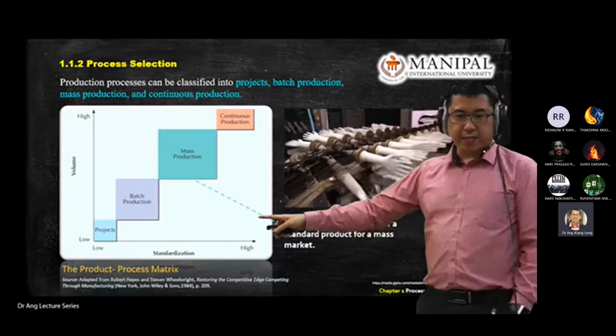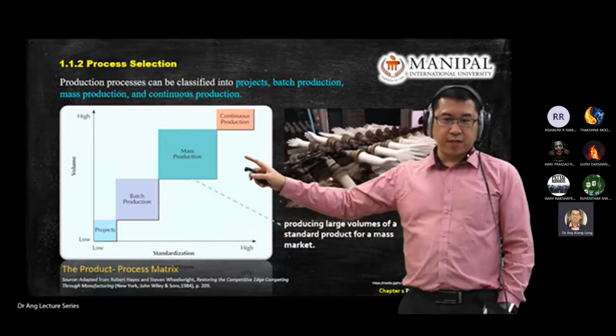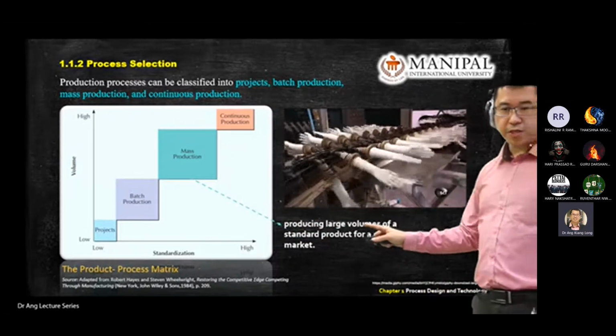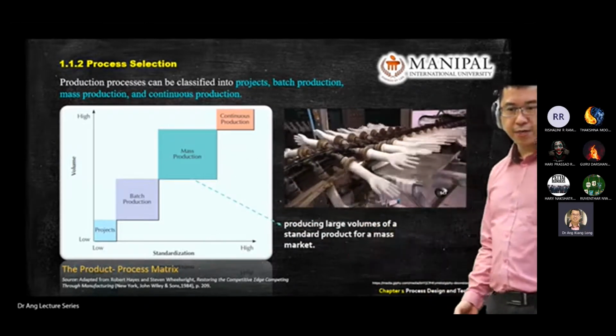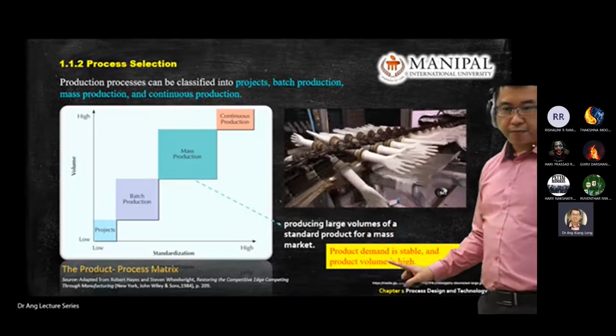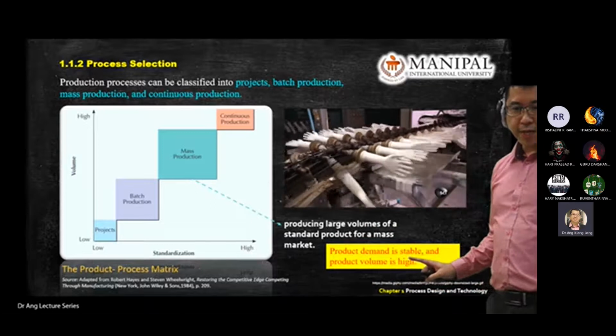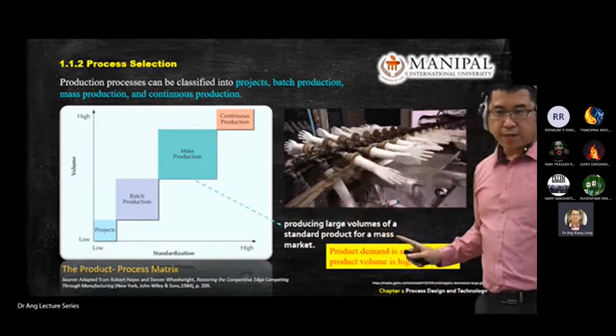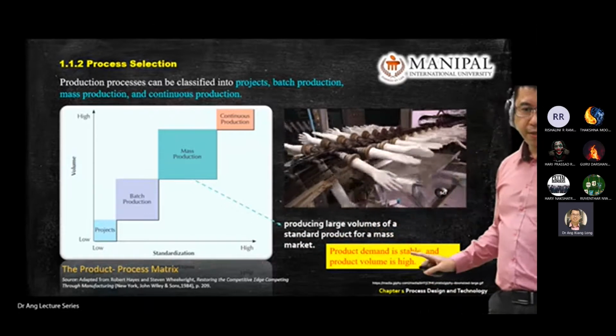Okay, so you can see there's a difference between batch and mass production. Mass production is large volume, standard products. This is the criteria. Product demand is stable. Batch production, demand fluctuates up and down.